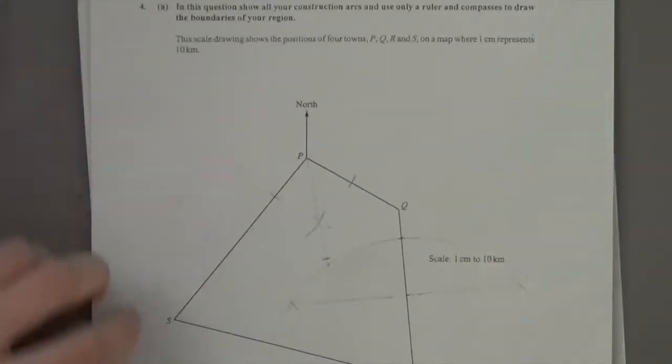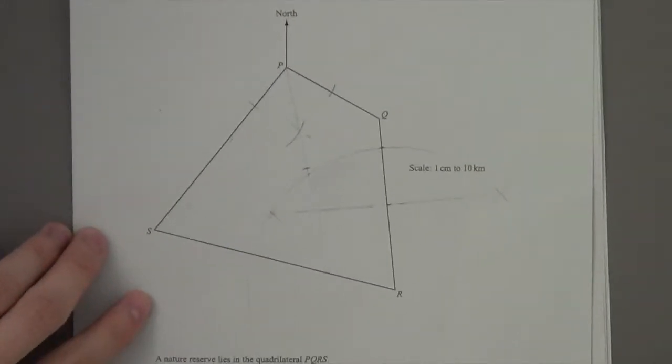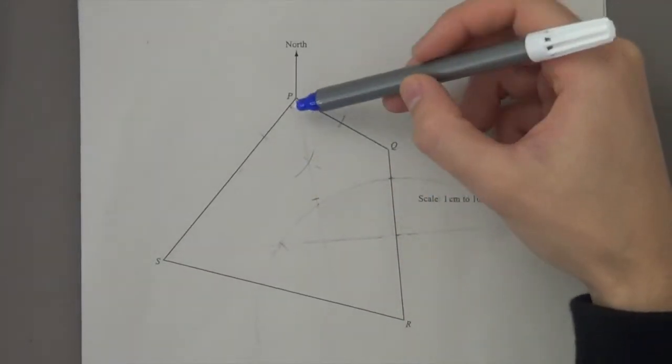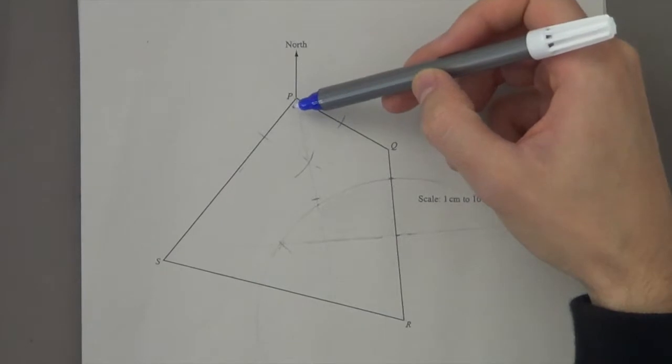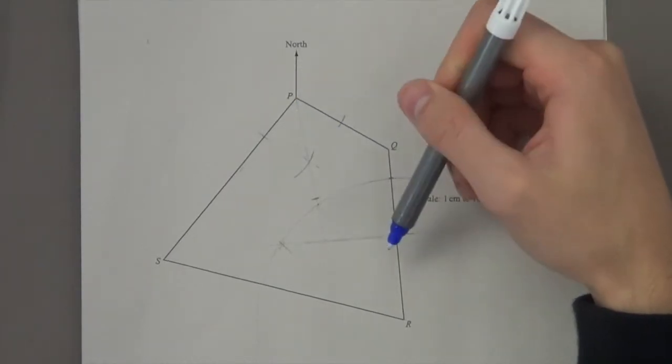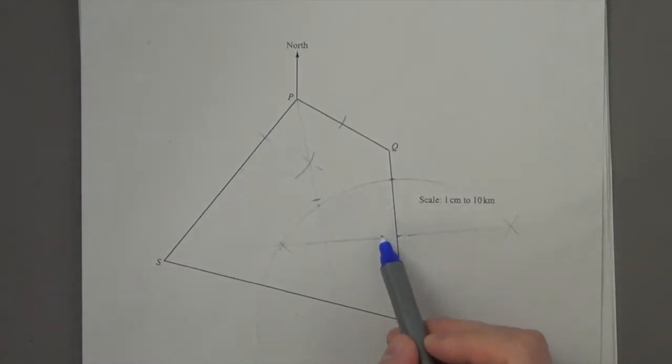I have already drawn, just to save a bit of time, what you would have to have done. First things first, we know that it's equidistant from Q and R. So I need to do a perpendicular bisector here. You can do this two ways.